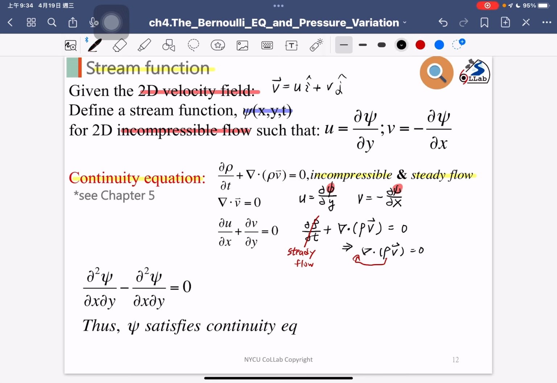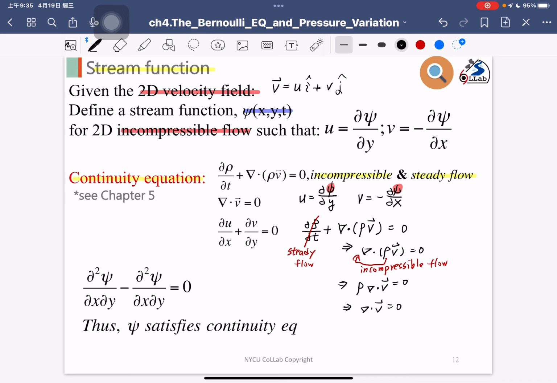So we can rewrite the equation: the density taken outside, and inside we only have the spatial gradient dot with the velocity vector, and it will also equal to 0. I take the density outside because the density doesn't change with the spatial locations. So finally we know that the spatial gradient dot with the velocity field is equal to 0. Okay, and then we expand this equation.